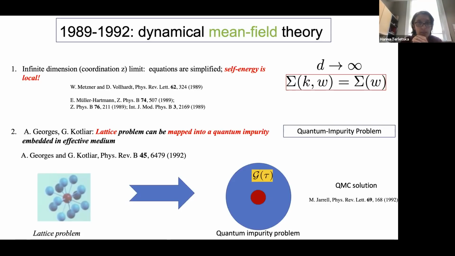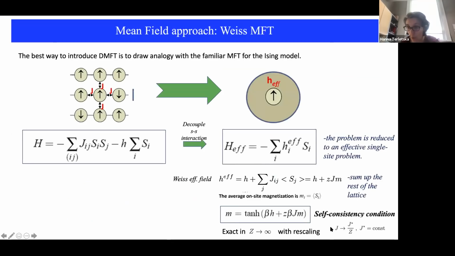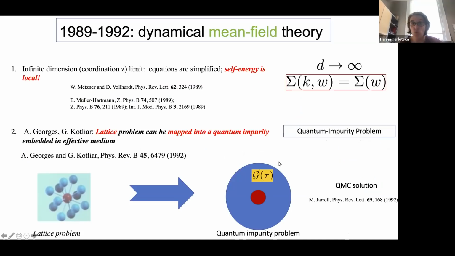From that perspective, Metzner and Vollhardt considered the infinite dimension limit for the Hubbard model, and they found that in the infinite dimension or infinite coordination number Z limit, the equations for the Hubbard model can be simplified, and one can get a non-trivial solution if one does some rescaling. In their case, it was rescaling the hopping term t by the coordination number. So one would get a non-trivial solution in that case.